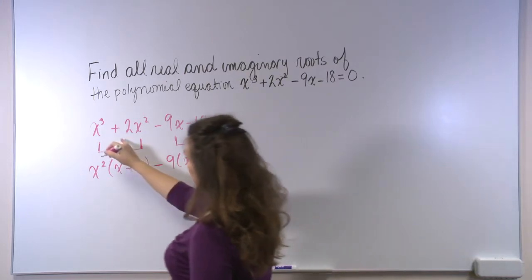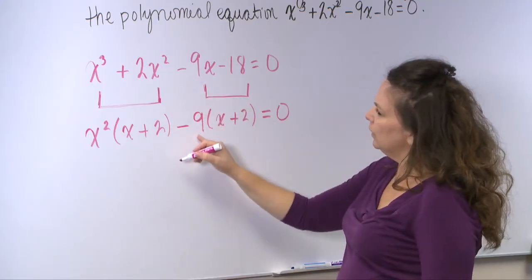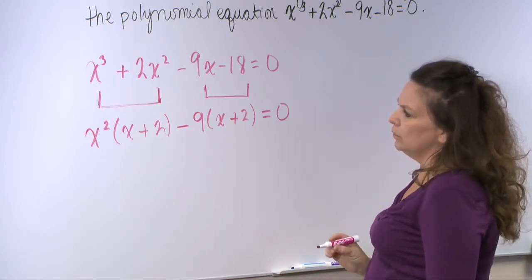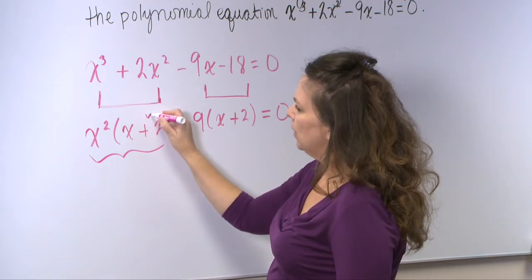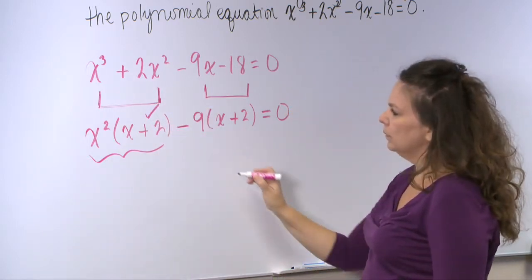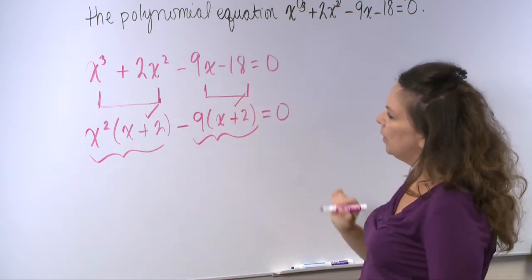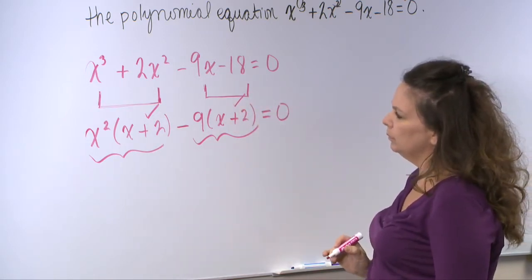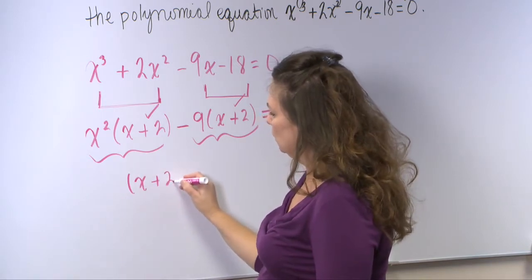So now I've factored out the greatest common factor from the first two terms, and I've factored out the greatest common factor from the second two terms. And I'm going to look here and see that I have a binomial of x plus 2. And I'm going to look here and see I also have a common binomial of x plus 2. I'm going to go ahead and write that down, the common binomial of x plus 2.